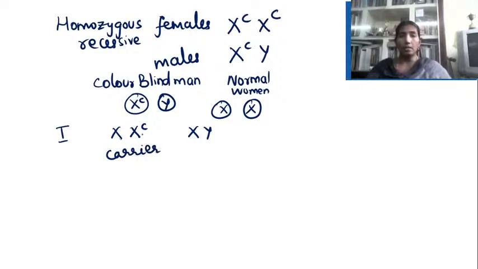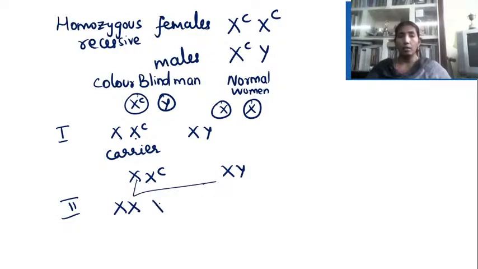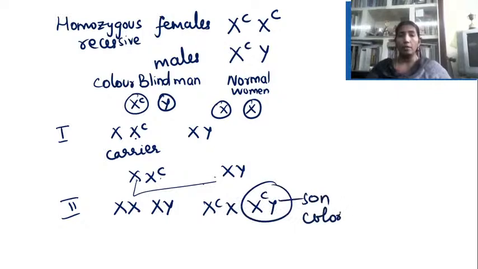Then what happens? Now this XC is getting married to another normal man. What will happen in the second generation? You can see that there will be a normal daughter, a son who will be normal, a daughter with XC, but here the son will be colorblind.